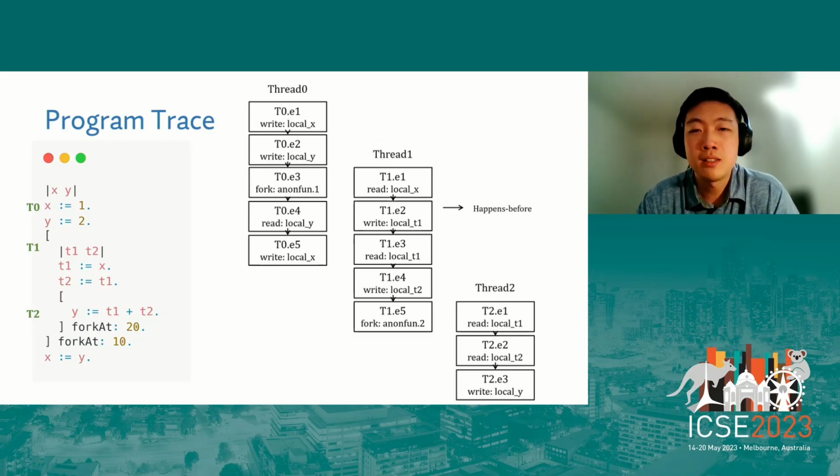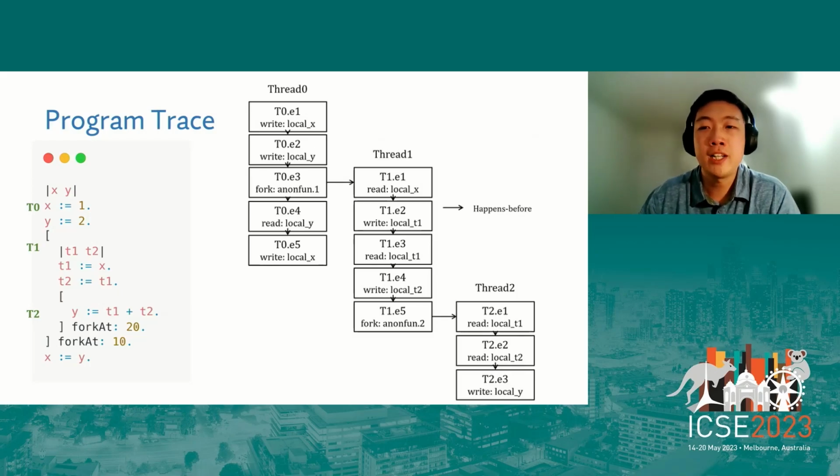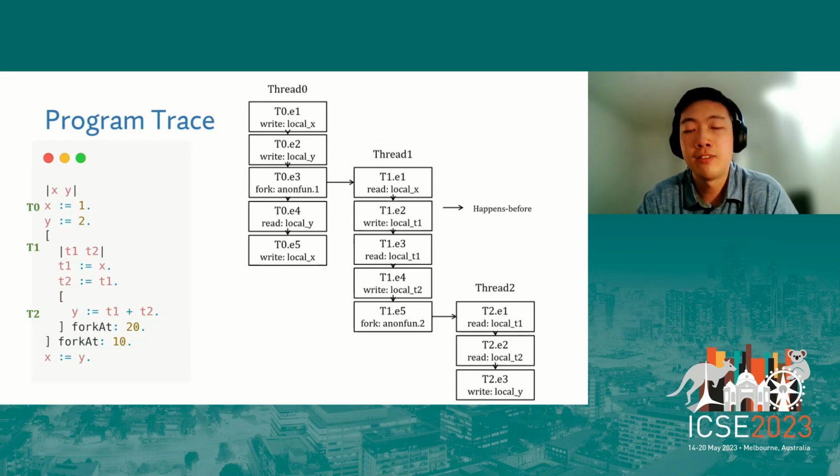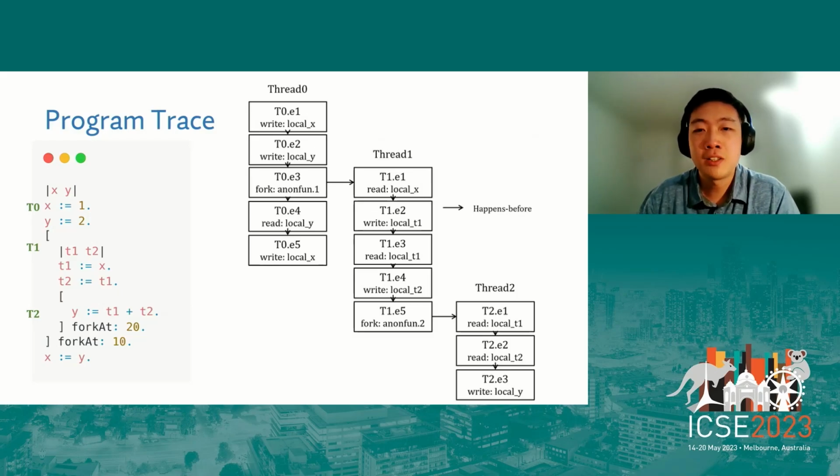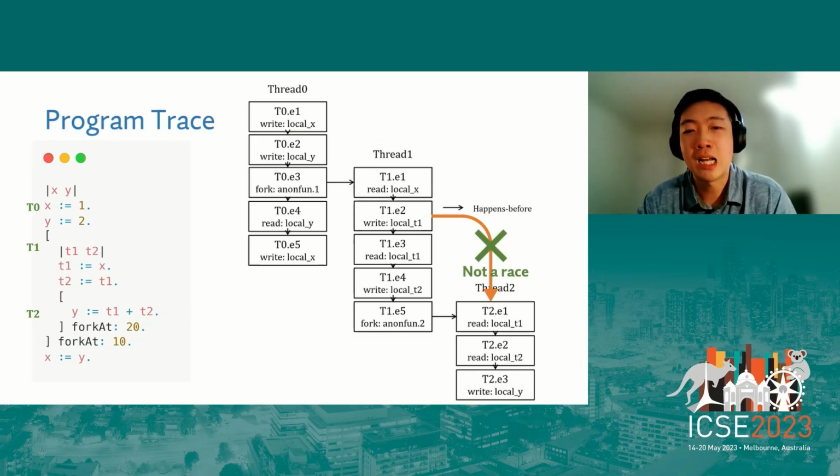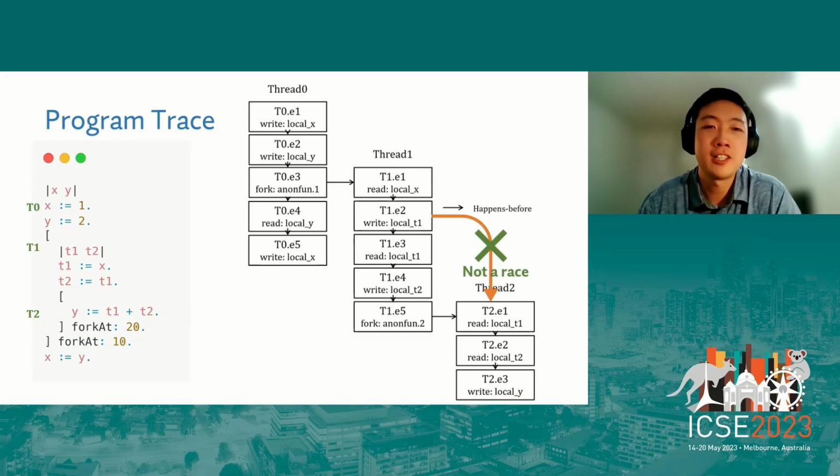First, within the same thread, all statements are in happens-before order. Second, for each thread creation, we add a happens-before edge from the fork event to the first event in the child thread. We conclude that there is a happens-before order if two events can reach each other by traversing the happens-before graph. So we will not report races if two events are happens-before ordered.